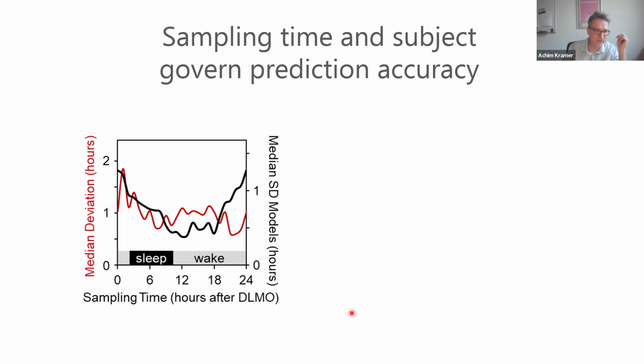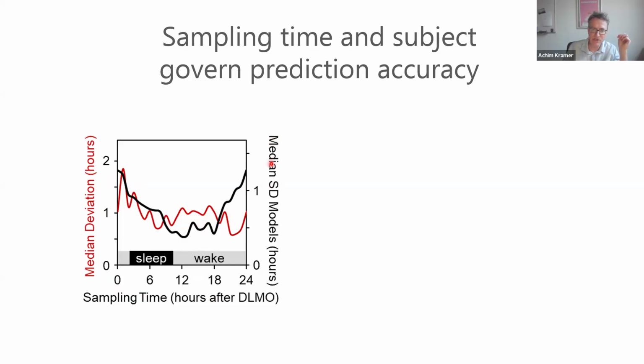Let's first look at the sampling time, and you see the median deviation from the truth is particularly high in the evening before sleep, and then it declines during the night and is normal after sleep, basically almost the first half of the day.